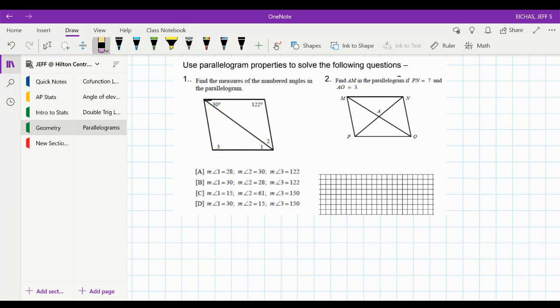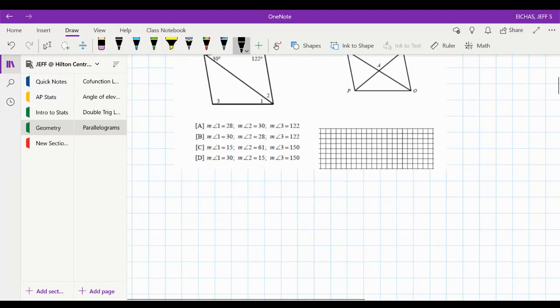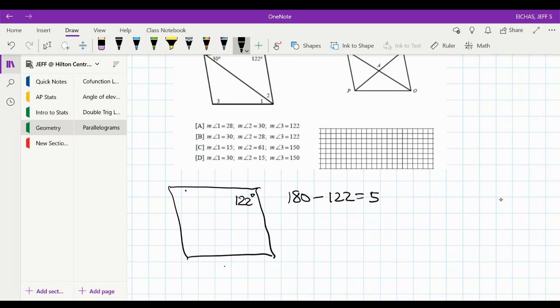Okay, other concepts. This is a little more complex, so I'm going to create a similar problem for angle 2. Okay, so it's going to take a couple steps here. Now, one of the properties is consecutive angles are supplementary. So this angle right here is 58 degrees. Okay, these two angles will add up to 180 degrees.